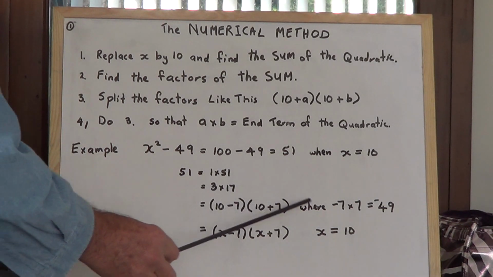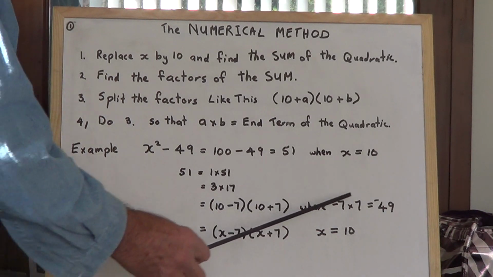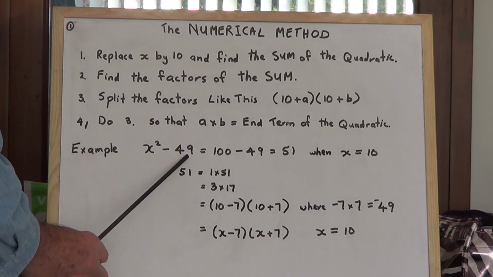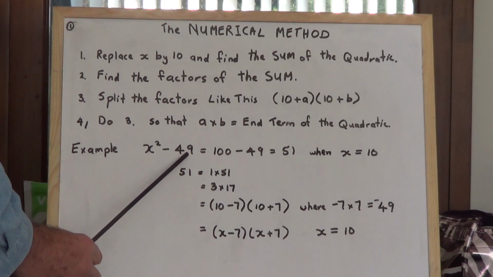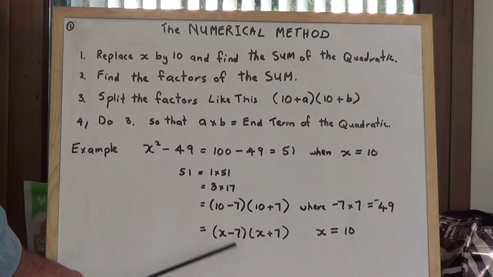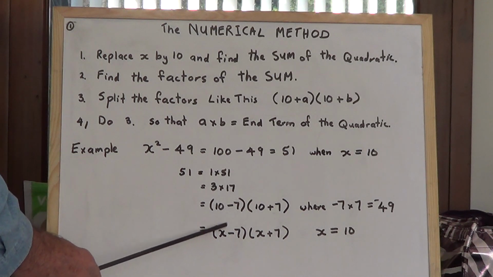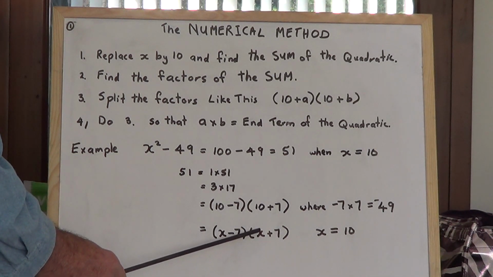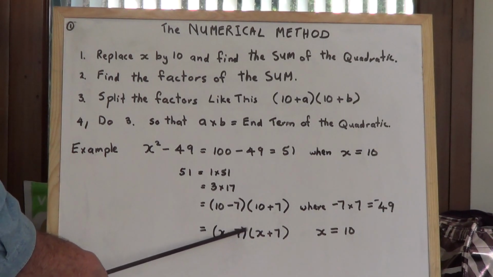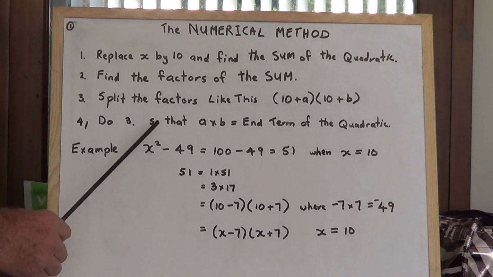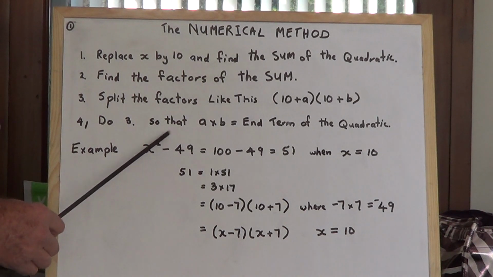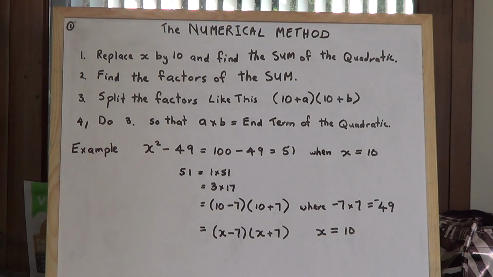We've got minus 7 times 7 will give us minus 49, which is the last bit of the quadratic. It's the n term. And now we just replace 10 by x. We do it in reverse, so we get x minus 7, x plus 7, and that's that question factorised. I'll do another example.